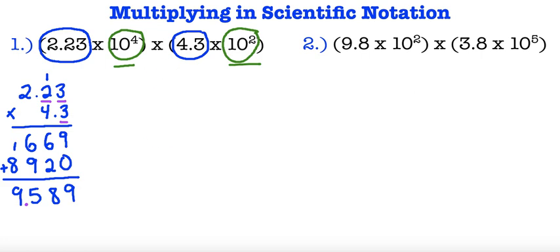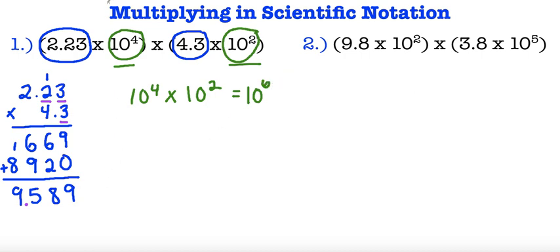So that's what we get when we multiply these two. And now I'm going to multiply 10 to the power 4 times 10 to the power 2. And since the base is the same, I keep my base and I add my exponent. So I end up with 10 to the power of 6.